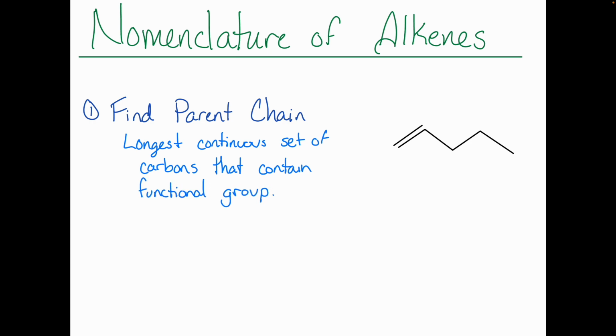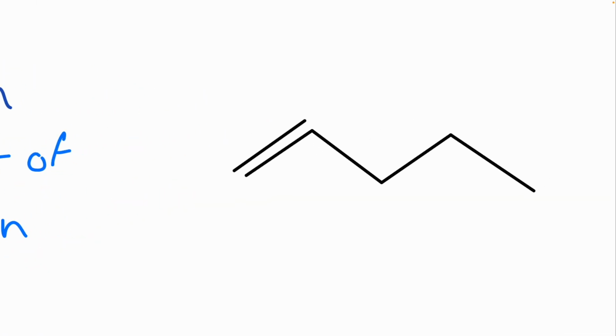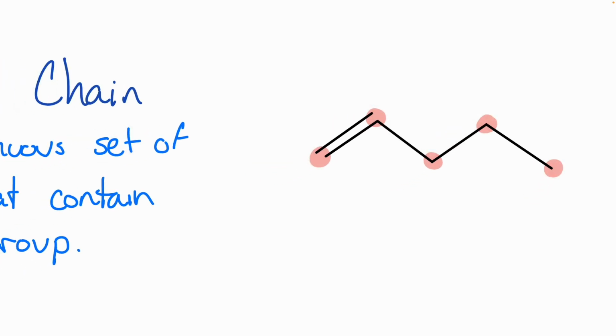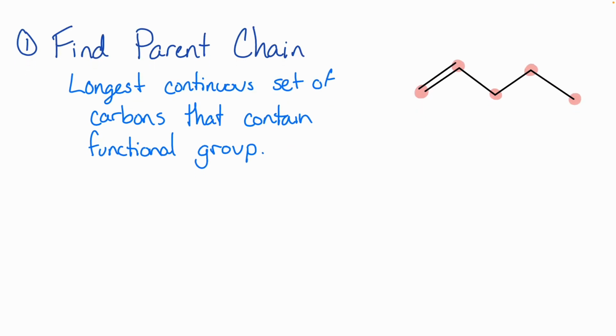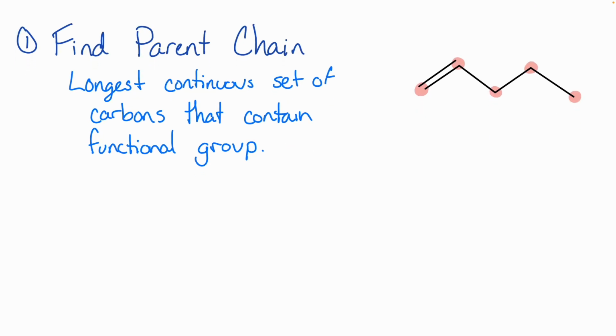In this case, how long is my parent chain? 5. When I'm looking at this molecule here, I know before I do any counting that these 2 have to be in my parent chain. My parent chain has to contain that double bond. Then from there, I'm going to look for my longest continuous one. Again, this is a pretty straightforward example. All 5 of those carbons lie in my parent chain.